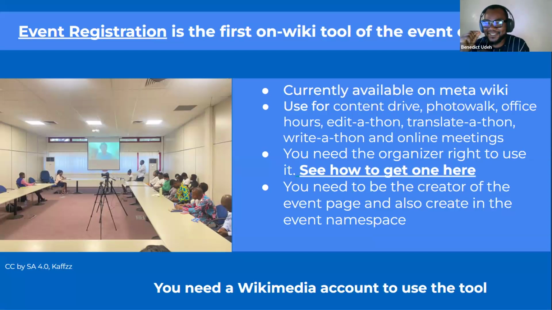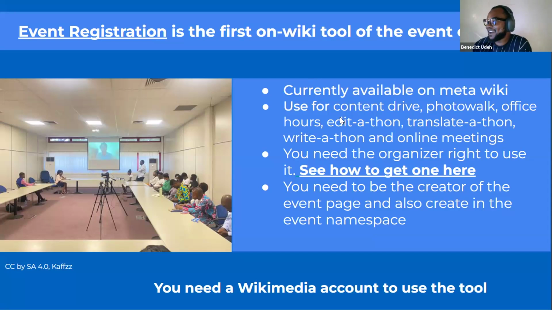Instead of sending the multiple links you usually send, like register to the outreach dashboard here, or register to the Google form here, or go and learn this, you have just one link that you send to potential participants, where they can first look at what the event is all about. And right there, they can also decide to register without having to go to multiple places. So that is the event registration tool in a nutshell.